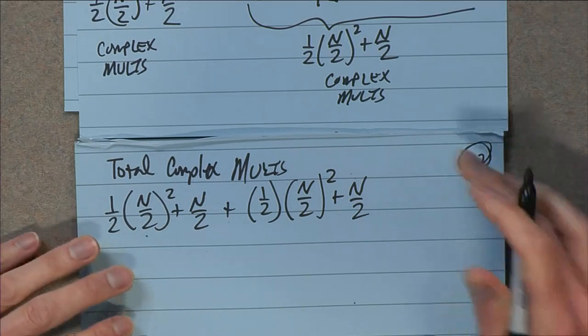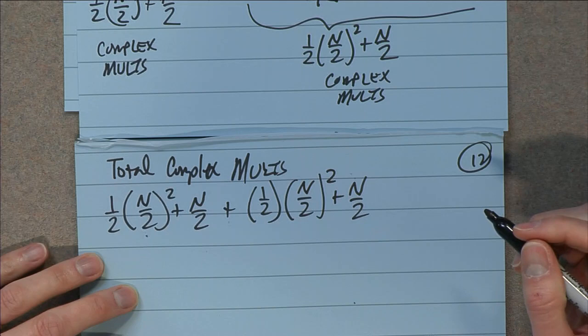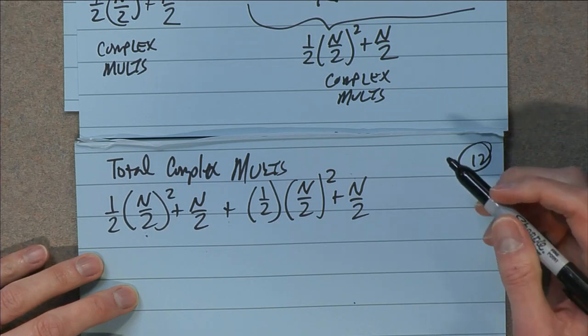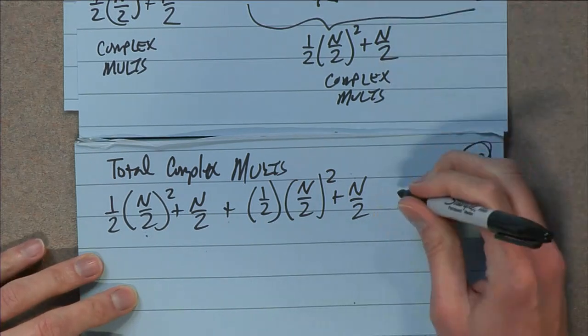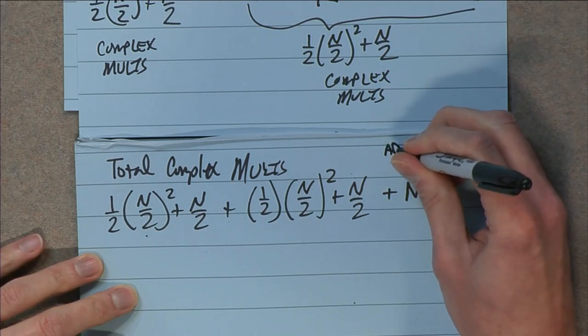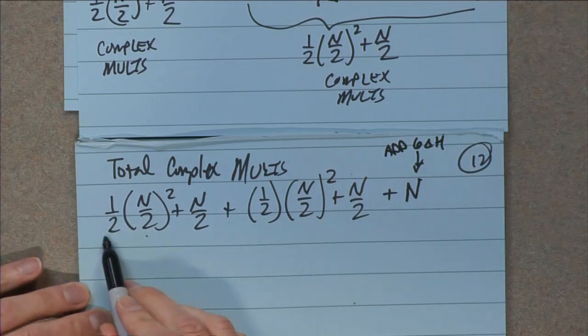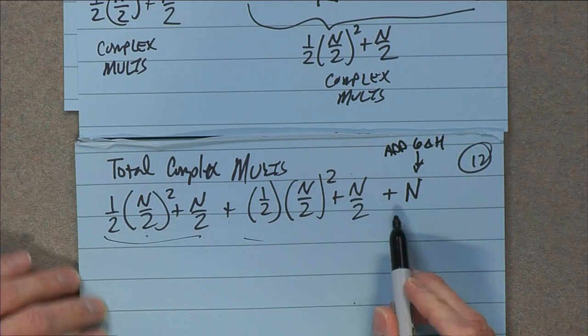But then we've got to add them both back together again, right? So once we've done all of that, that's going to be another, I think, plus n, and that's to add G and H. Because remember, this is just for getting G and H, but we've got to add them back together.